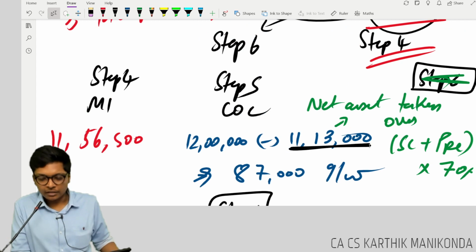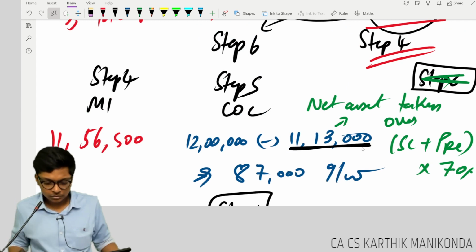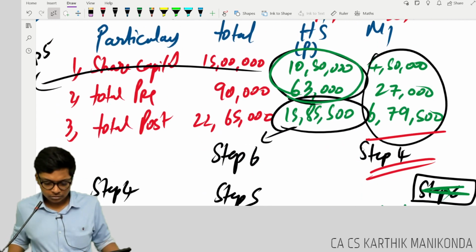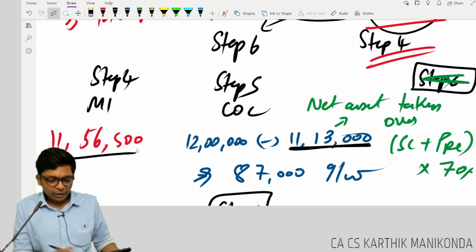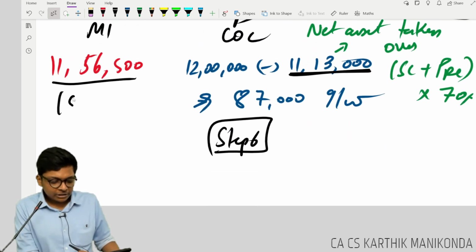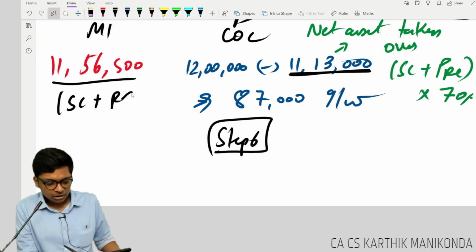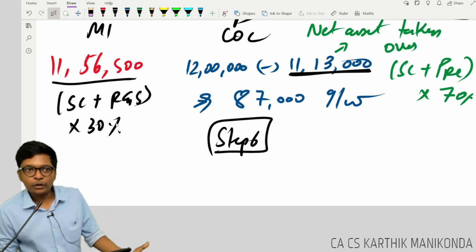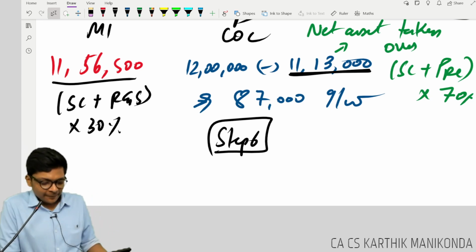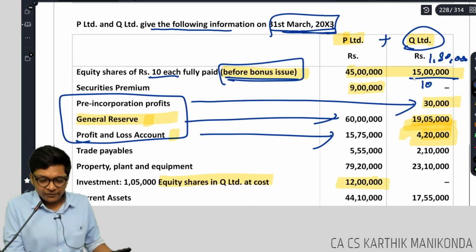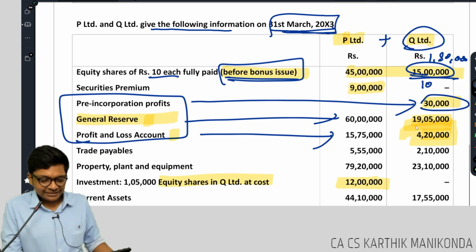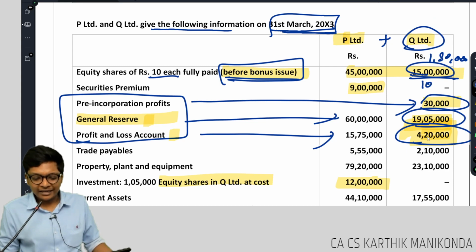This 11,13,000, no? If you want to do an equation, very simple: share capital plus reserves and surplus into 30%. Hold on, what is share capital? 15 lakhs plus 30,000 plus 19 lakh 5,000 plus 4 lakh 20,000. How much are you getting if I add everything?